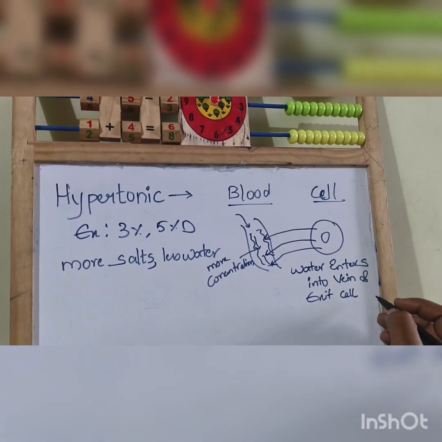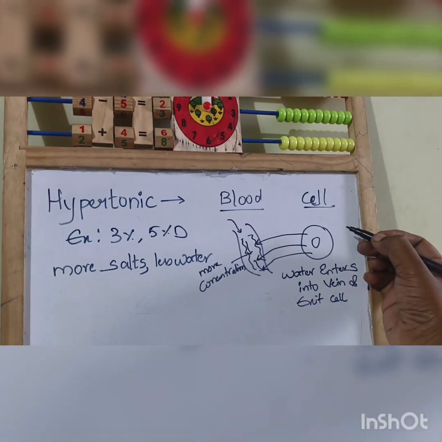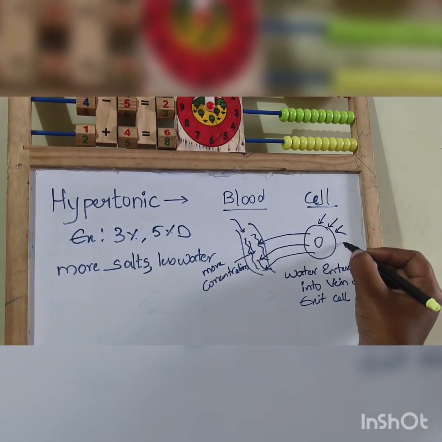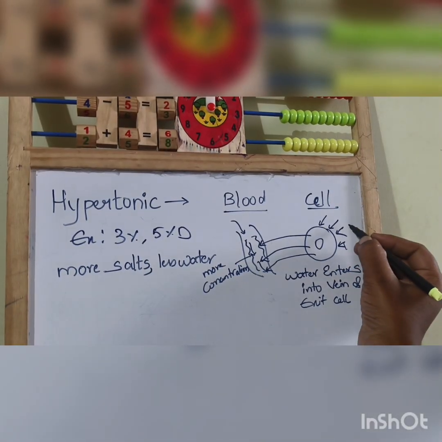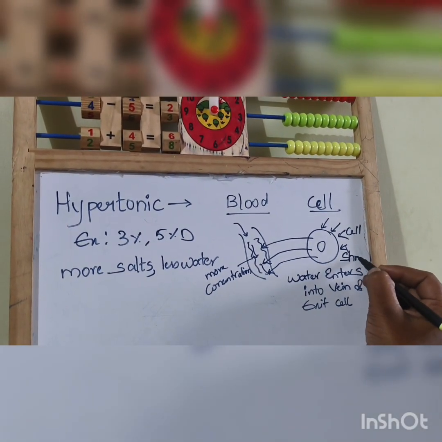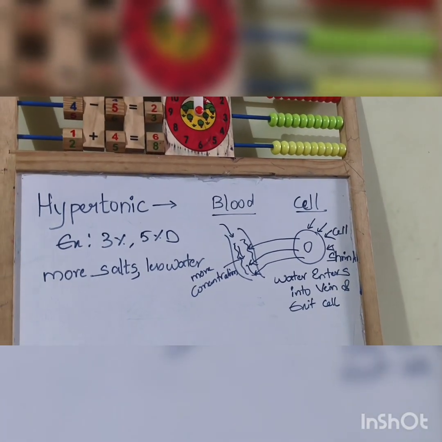After the water enters the vein, the cell shrinks; it becomes a small cell. If there is no water, the cell has no normal shape.